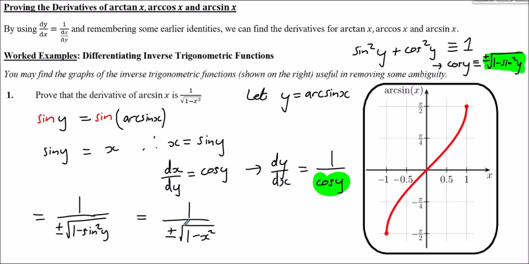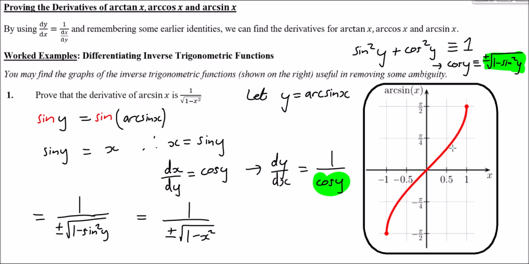So this is ambiguous, like I said here, ambiguity. Is it plus or minus the root of 1 minus x squared? Well, remember, when we take the derivative, we're essentially finding the gradient function. Look at the gradient here. By inspection, you can hopefully see the gradient of this graph. If you take the tangent at any point, the tangent's always going to be sloping upwards.